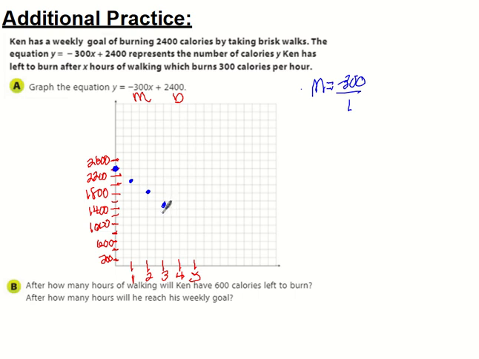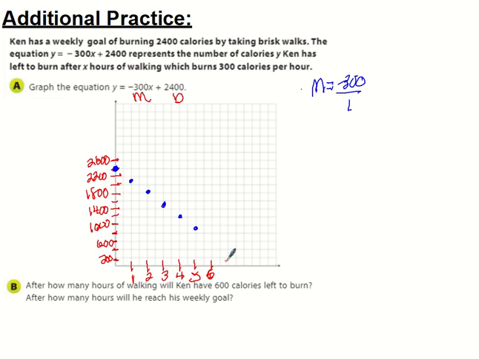So 100, 200, 300. Oh, I gotta scoot over more. Over here to 4. 1, 2, 3, 5. Okay, maybe we add some more hours on here. 6.